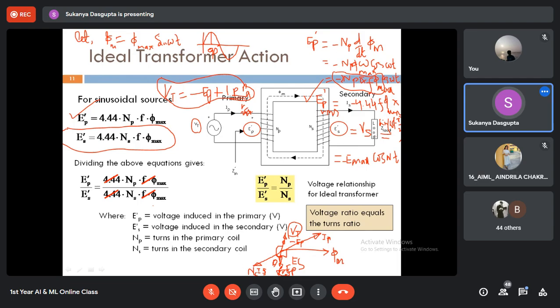If you multiply this secondary current vector with NS, the secondary number of turns, you will get NPIP, the primary current multiplied by the primary number of turns. See, the angular difference is exactly 180 degrees between the two. That means the total secondary ampere turns must be fully compensated by the total primary ampere turns.